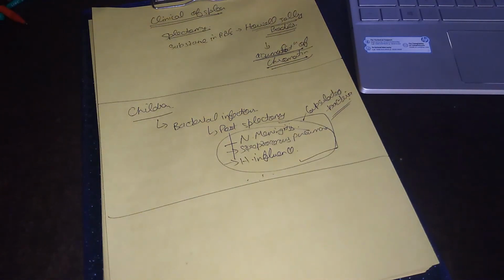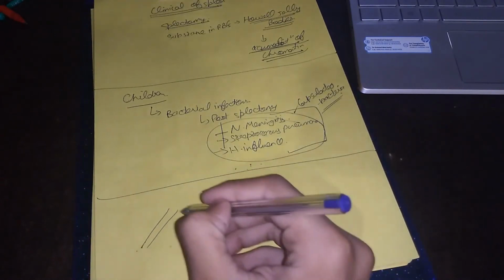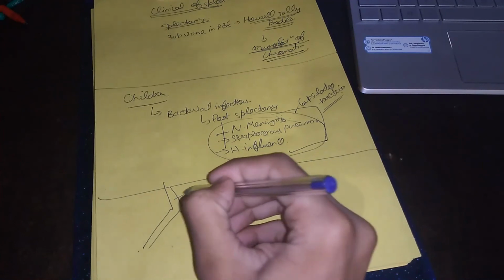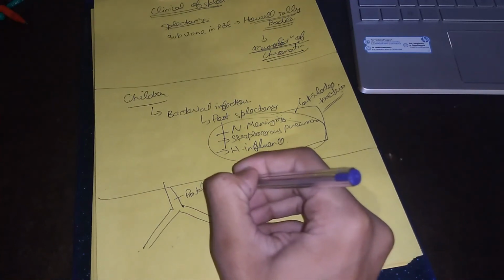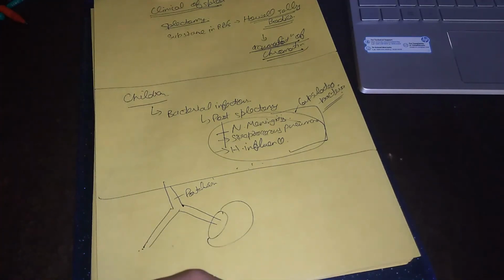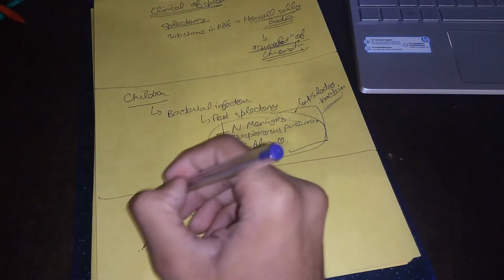There is one more clinical I will tell you: portal hypertension. This is the mesenteric vein, this is the splenic vein, and this is the portal vein. This is coming from the spleen, this is coming from the mesentery, and this is the liver.